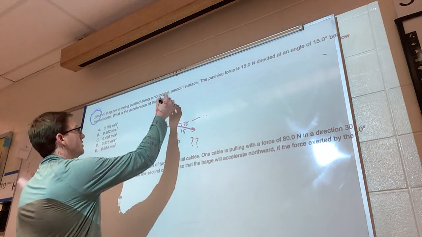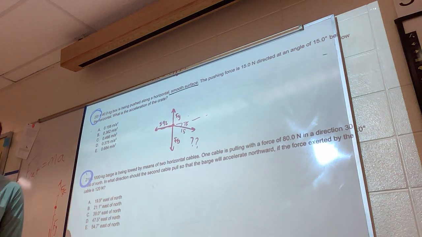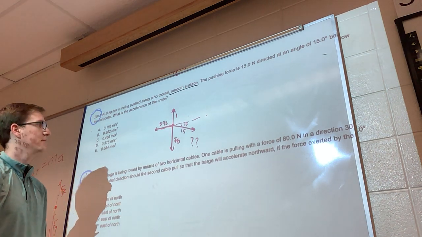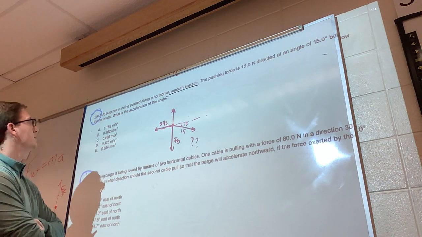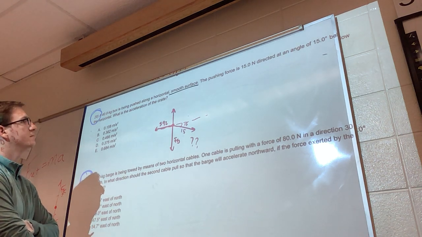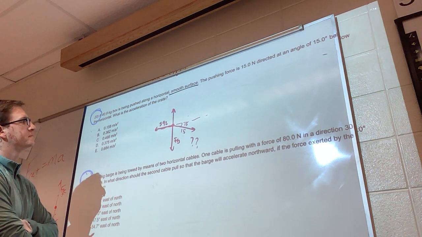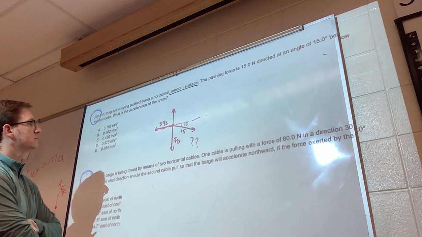So once again, it is a smooth surface. The pushing force is directed at an angle 15 degrees to the horizontal. What is the acceleration?